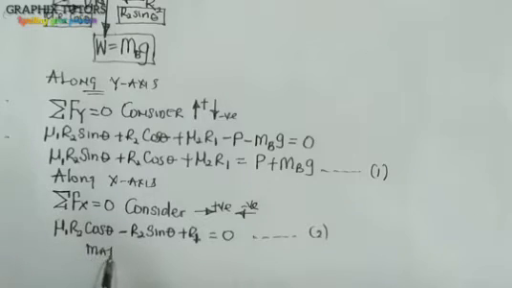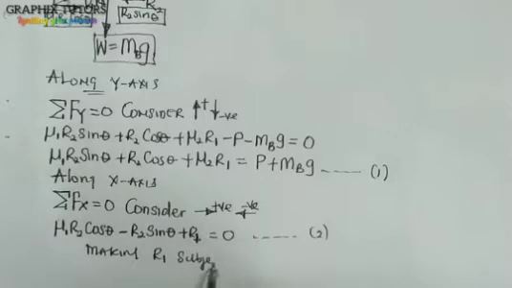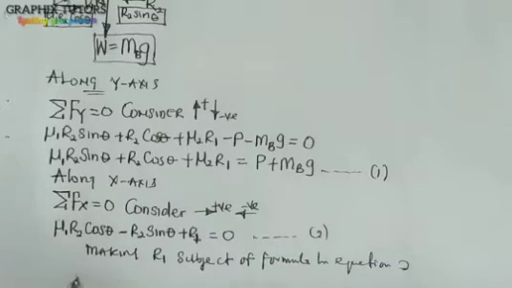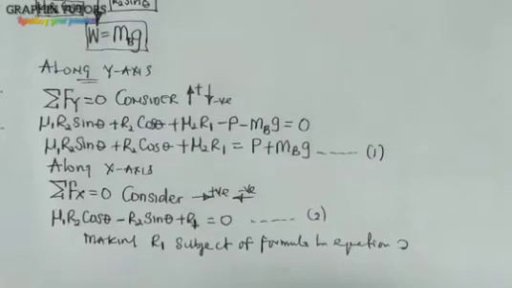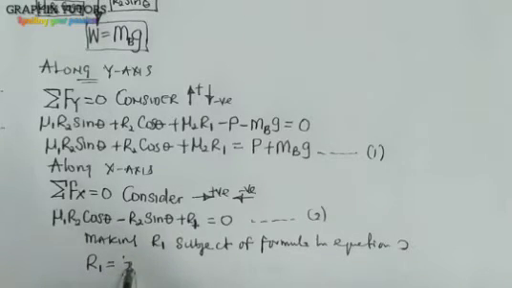Making R1 the subject of formula in equation 2, if everything here goes to the other side, our R1 will be equal to negative mu1 R2 cos theta, because it's crossing the equal sign, and this will become plus R2 sin theta, right?